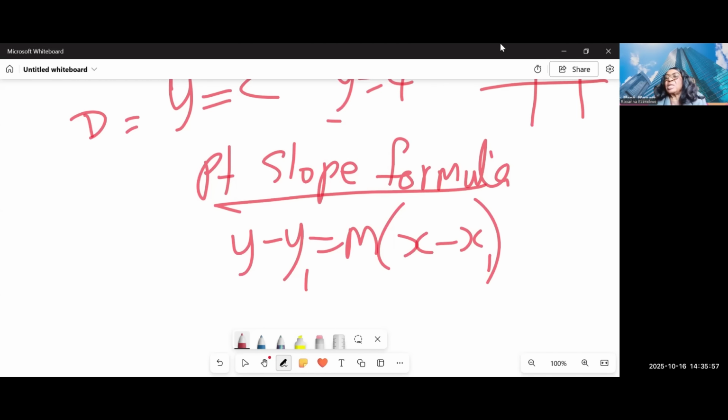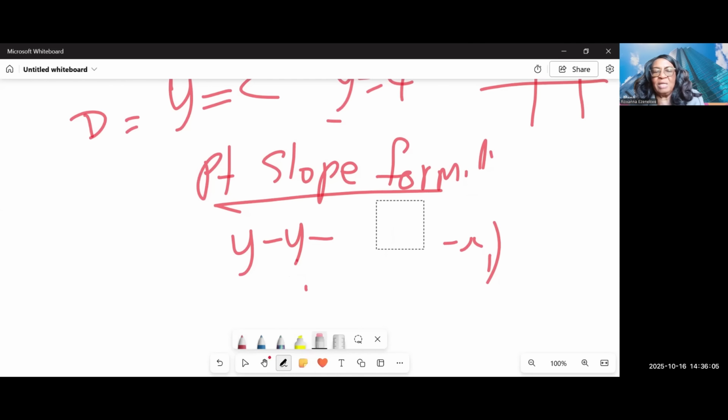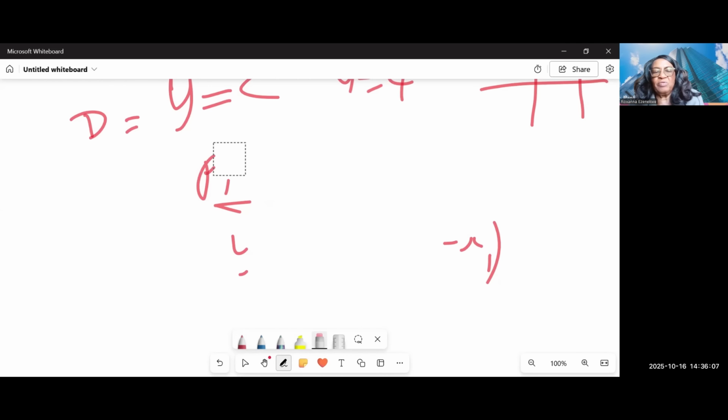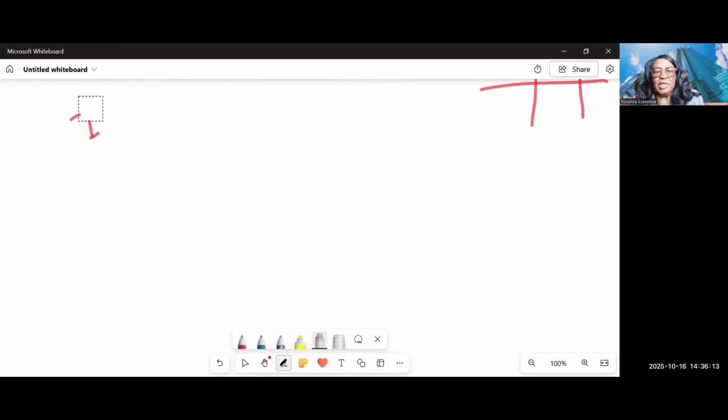So let's go back to the worksheet. I'm going to clean a little bit and we go back to the worksheet. We've mentioned 4 types of equation of a line, and when we see them, we know them.